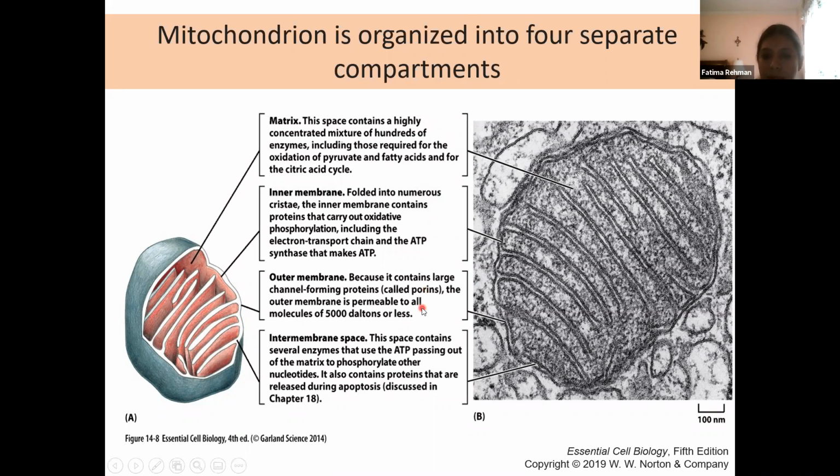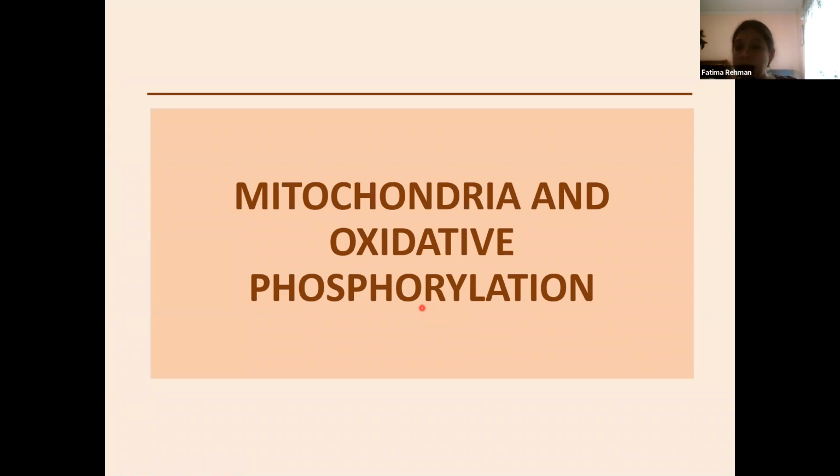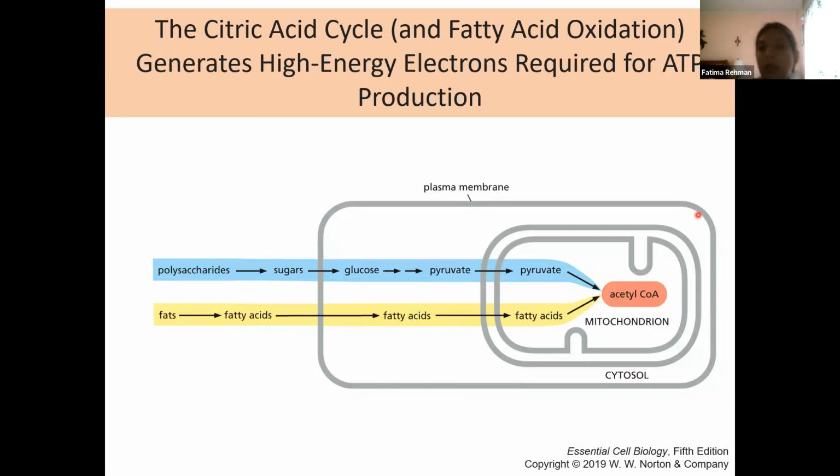Okay, so the first thing that we will talk about is mitochondria and oxidative phosphorylation. This is where we are going to look at essentially the citric acid cycle, which is required for all the different molecules that are coming in, whether they are coming from fats or polysaccharides.